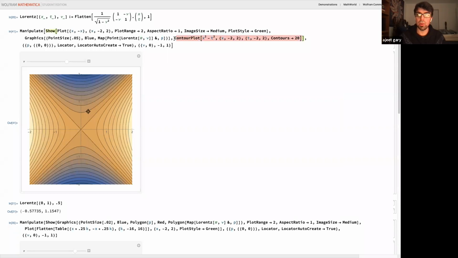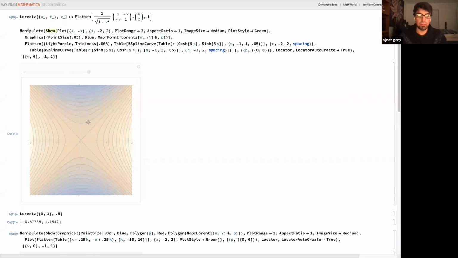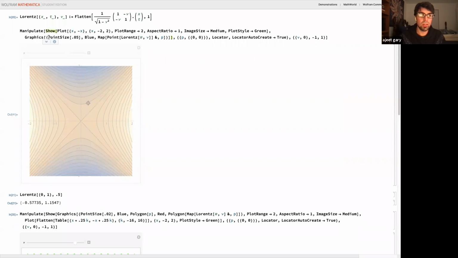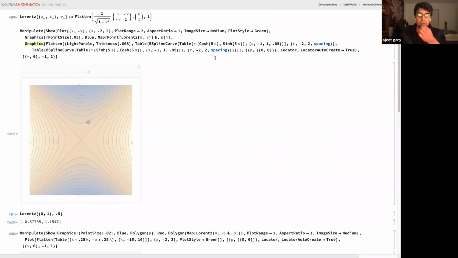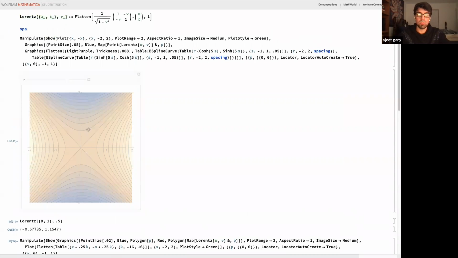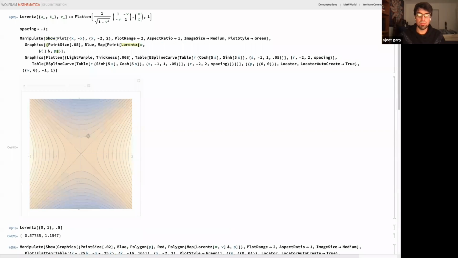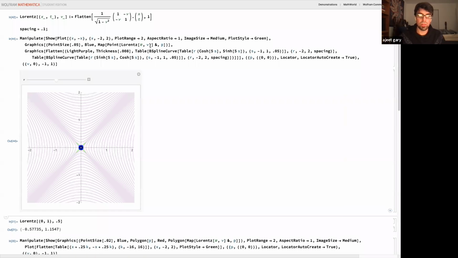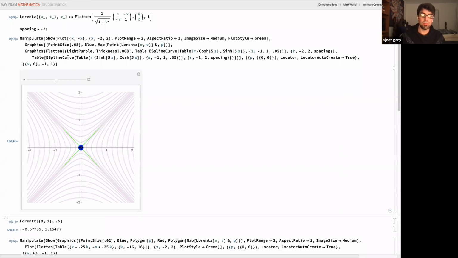Instead of using the contour plot, I wanted to use contour to prove a point, but that's okay. Great. Okay, there are our hyperbolas.